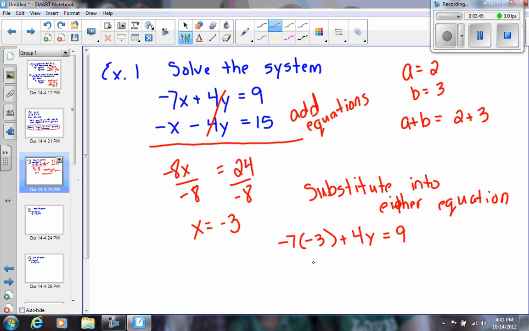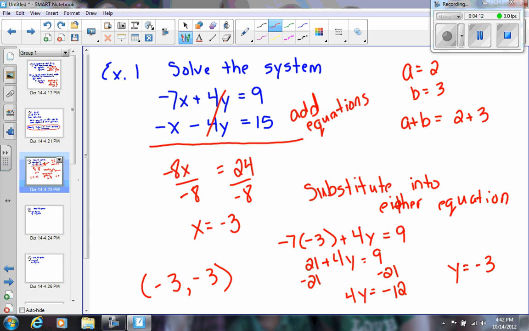So I'm solving for y. So I get 21 plus 4y equals 9. Subtract 21, and we get 4y equals negative 12. So we get y equals negative 3. So my solution, negative 3, negative 3.